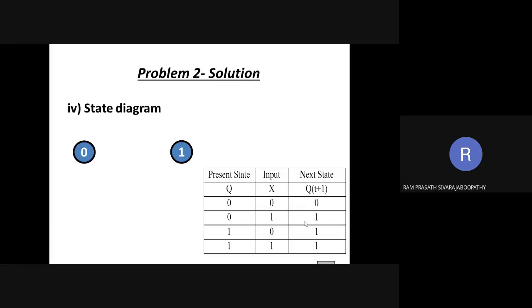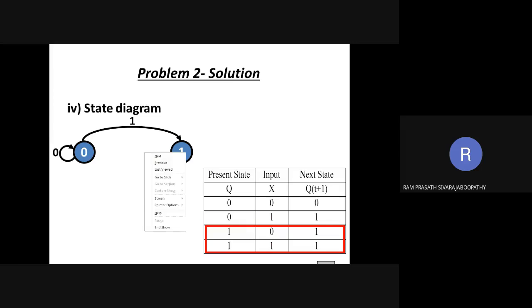Fine. So how will the state diagram come? From 0 to 0 with input 0. Next, from 0 to 1 with input 1. Then from 1 to 1 irrespective of the input. Kindly note this down. Observe carefully: whether input is 0 or 1, if the present state is 1, the next state will be 1 only. Clear?